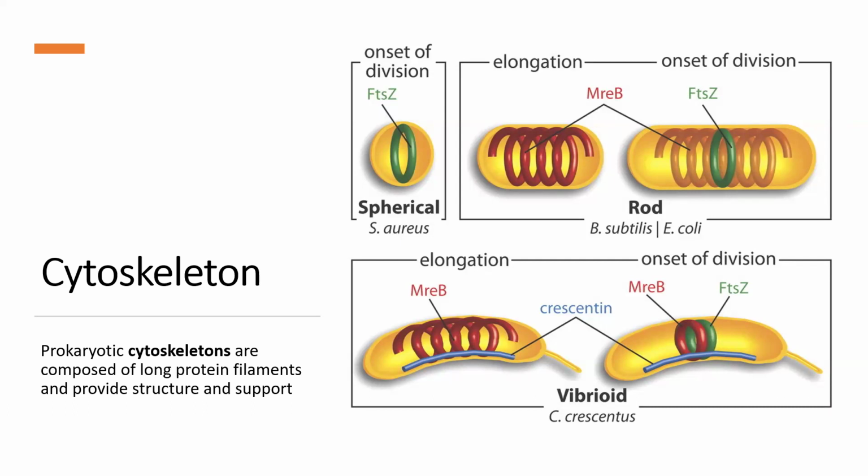For example, in your Vibrio species, you're going to have this protein, crescentin, which is going to basically form a crescent that causes the cell to get that vibrioid shape, or that curved rod shape. In addition to that, you have the FtsZ ring, which is where division of the cell takes place.